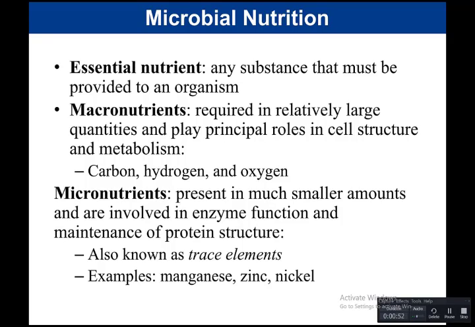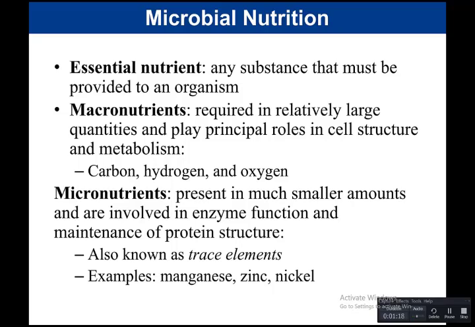On the other hand, micronutrients are present in much smaller amounts and are involved in enzyme function and maintenance of protein structure. These are also known as trace elements, and you might recall back when we talked about chemistry, trace elements are only required in small amounts. And so you're going to see that this is mainly because of their role in enzyme function.